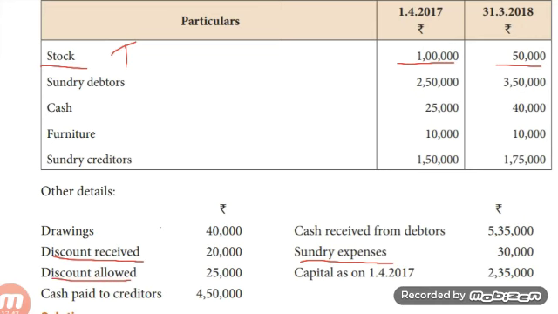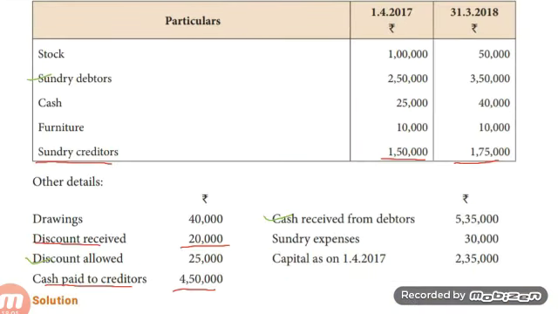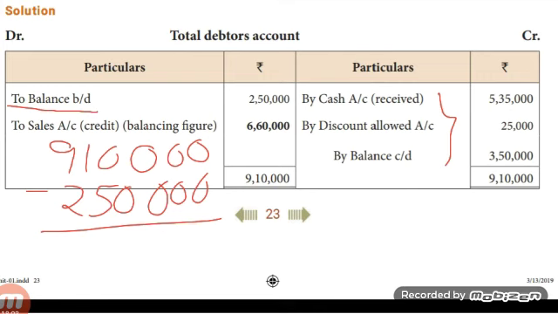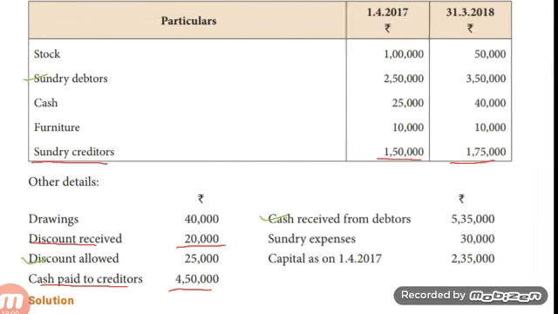We need total sales, but here in this question cash sales is not given, so you should take only credit sales. From where do we get credit sales? We will get credit sales from the debtors account. See this, children, this is the credit sales. You should take it to the trading account.